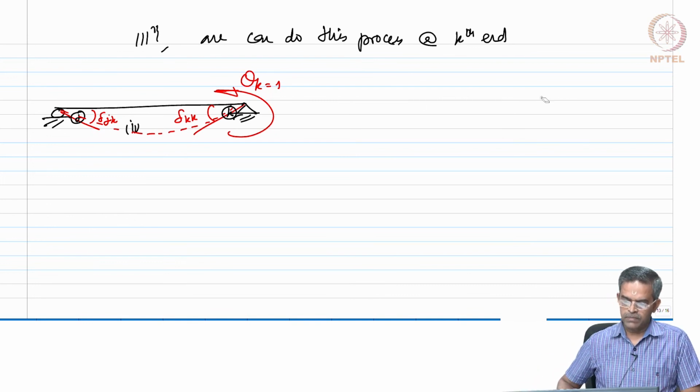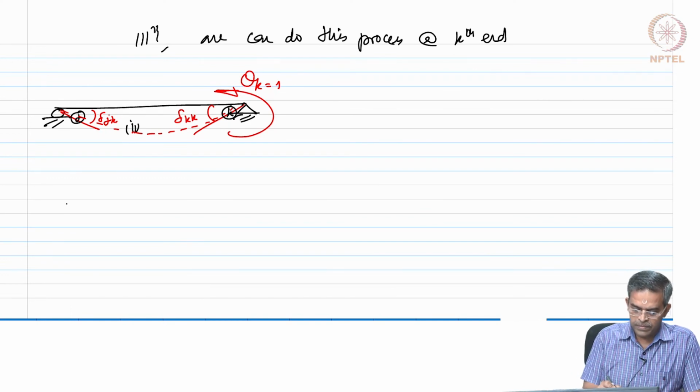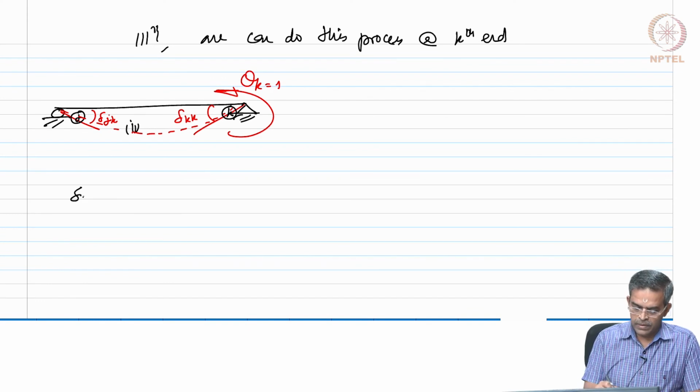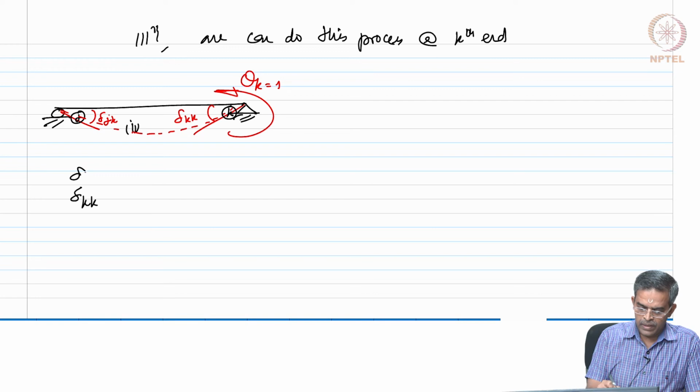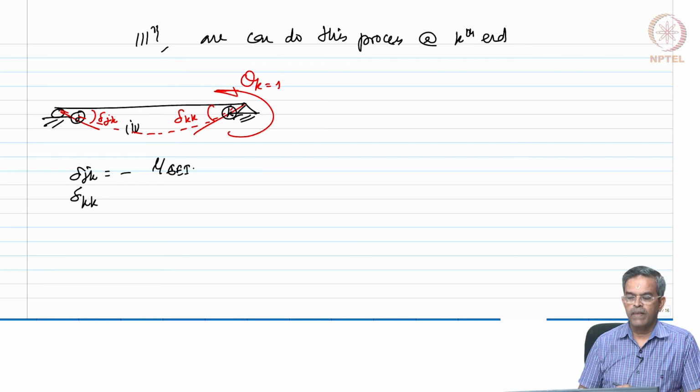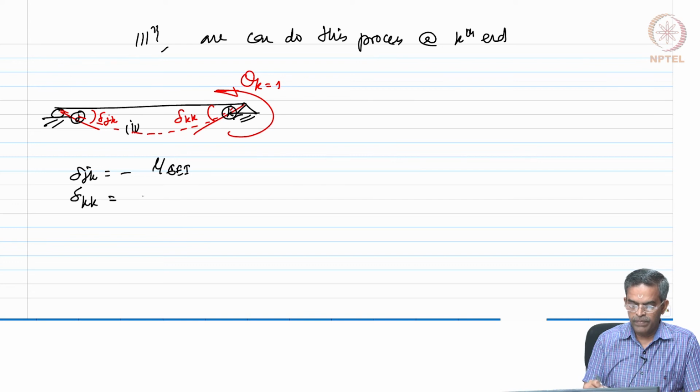Okay, if you do that, you will find that we wanted to find del kk and del jk. Del jk will be minus L by 6 EI and this will be L by 3 EI.